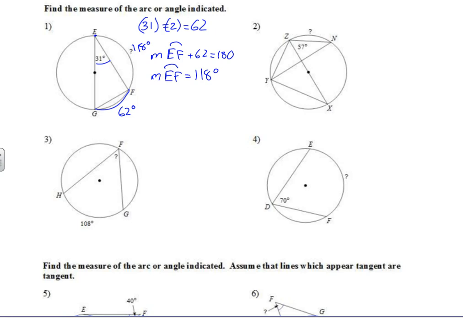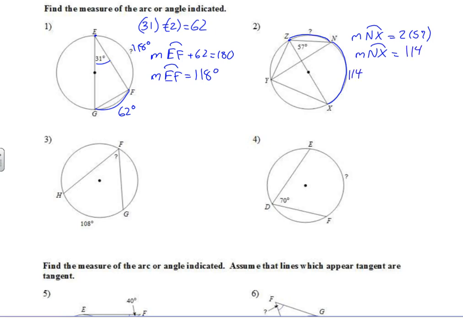Okay, so here we are again, and in number 2, we're trying to find this arc. What do I have here? I have an inscribed angle, and that inscribed angle intercepts arc NX. So the measure of arc NX is going to equal 2 times 57, which is 114.